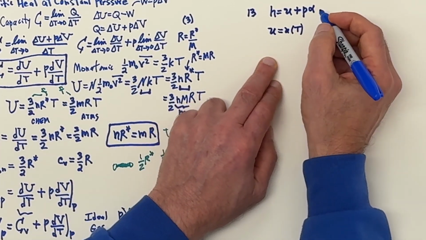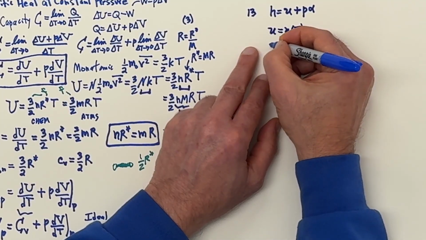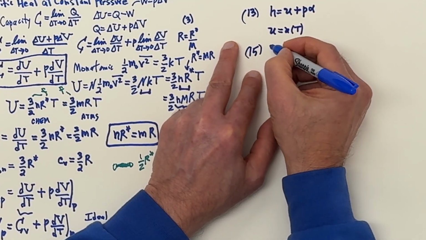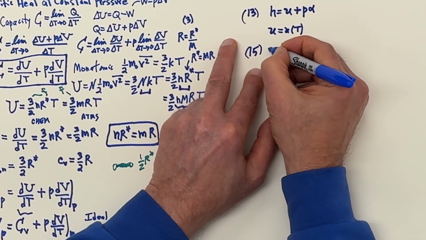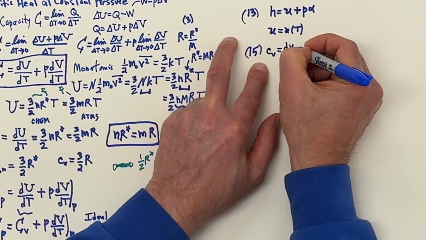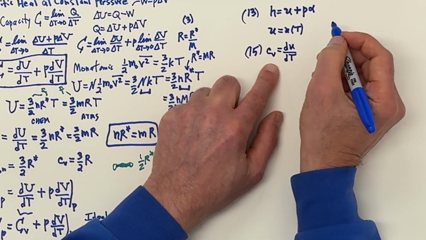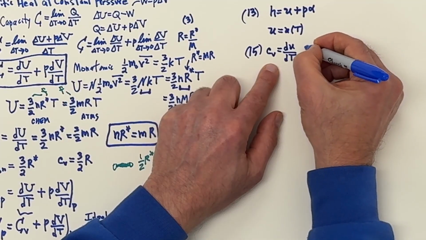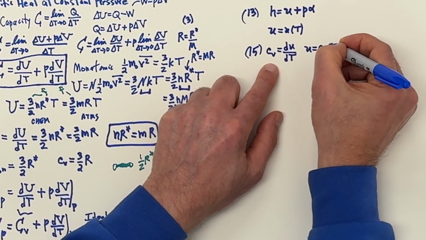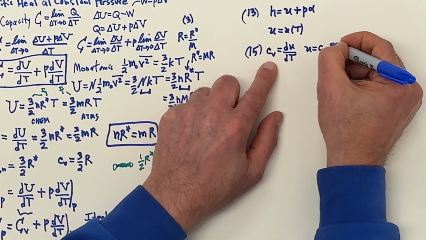So you can think of the equation that we had for 15. This was equation 13, but we had equation 15 in the last class, where we looked at the specific heat at constant volume is d little u dT. So you can integrate this and find that u is C_V T plus a constant, and we'll pretend that C_V is a constant for now in the simple cases.